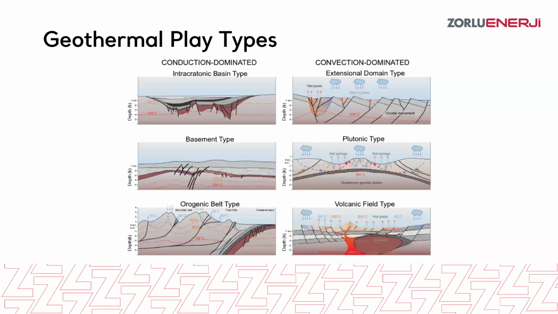For the conduction dominated side, as I said, the convection part is the favorable one, because the convection heat transfer process is much faster compared to conduction dominated regions.